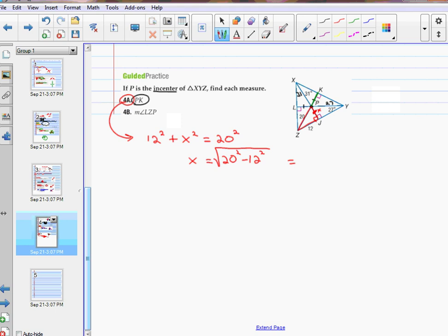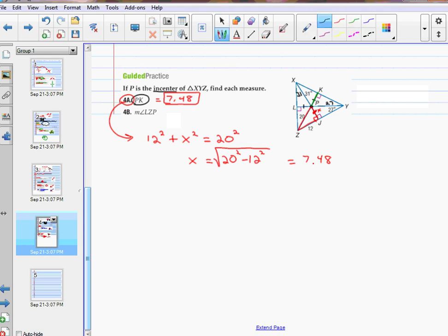Wait, so that's 16. If that's 16, I know that PK must equal 16. We had to get there indirectly. I know I have a right triangle and two sides. I can get the third side, and that third side is congruent to KP.